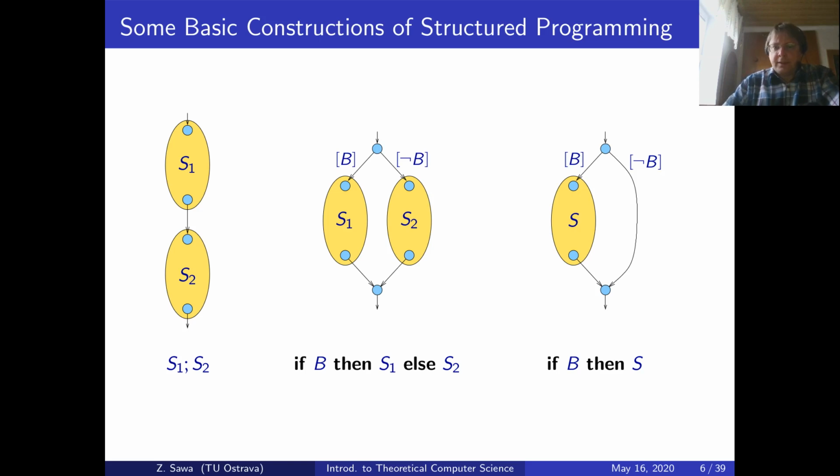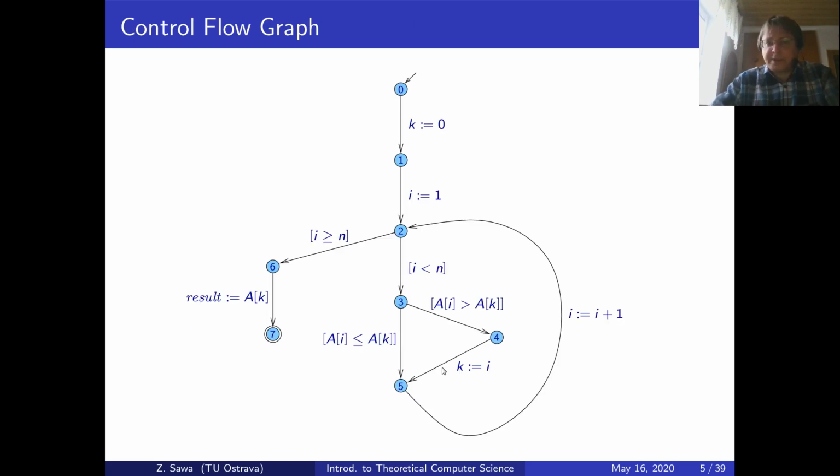Just to recall what kind of constructions we could represent in this graph: this graph allows us to abstract from the details of the particular programming language, and from what kinds of instructions or statements are available in a given high-level programming language. So it's more explicitly represented in the structure of this graph.